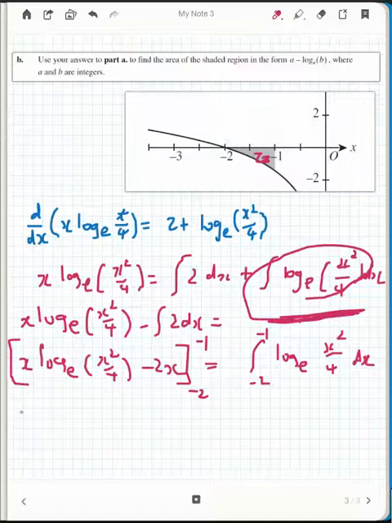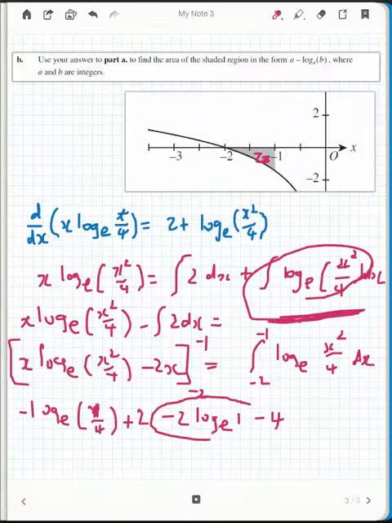So I put in the -1 first, that gives me minus log base e of x squared, which is 1 on 4. Minus 1 is plus 2. Then -2, so -2 log base e of -2 squared is 4 on 4, which is 1. Minus -2 times -2 is -4.